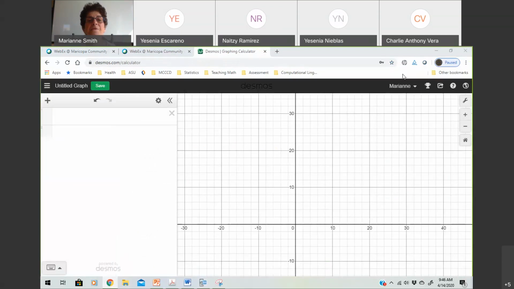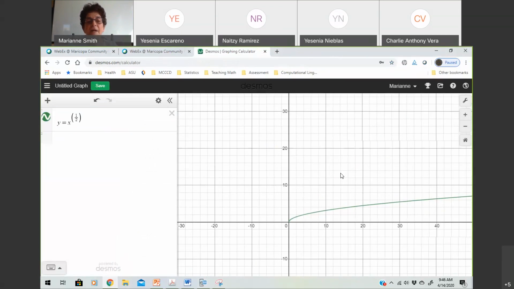And again, one of my functions was y equals x to the 1/2. So there I have it, there's my first graph.